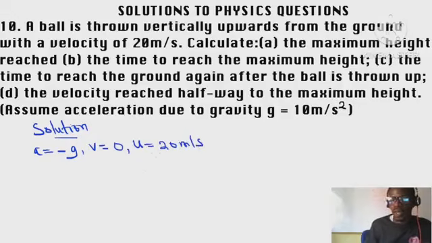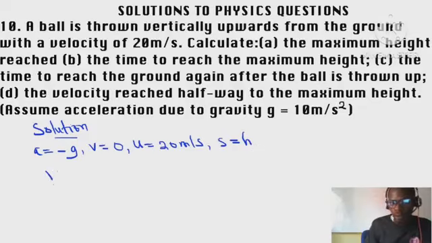So from here, we are using the third equation of motion. That means also that our x, which is the distance, equals height. We use h to represent that.